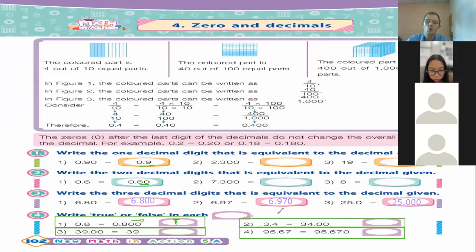It's false. Why? Because look at the decimal point. 3.4. This one is 34 point. So this one is larger. False. What about number 3? 39.00 equals 39.